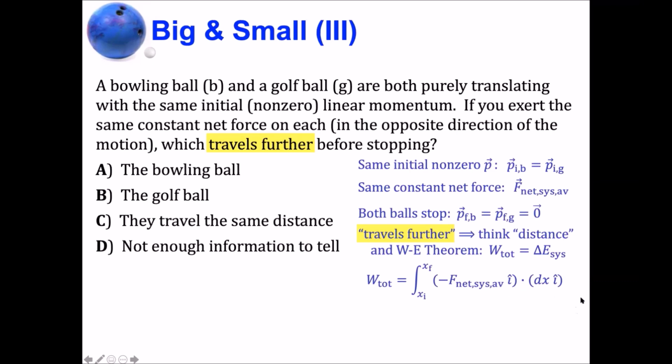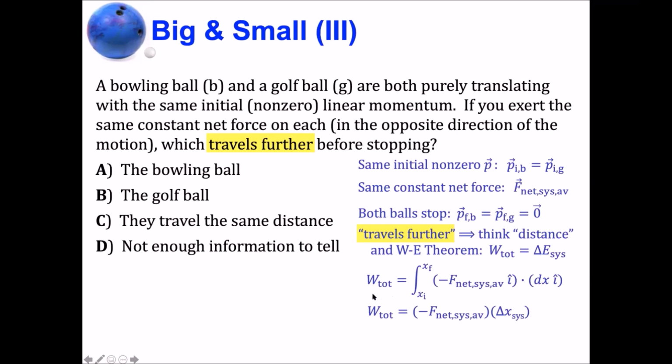So the total work done by that net force is just the value of that net force multiplied by what I'm going to call the delta x associated with the system, the delta x being the final position value of the ball minus the initial position value, xf minus xi.